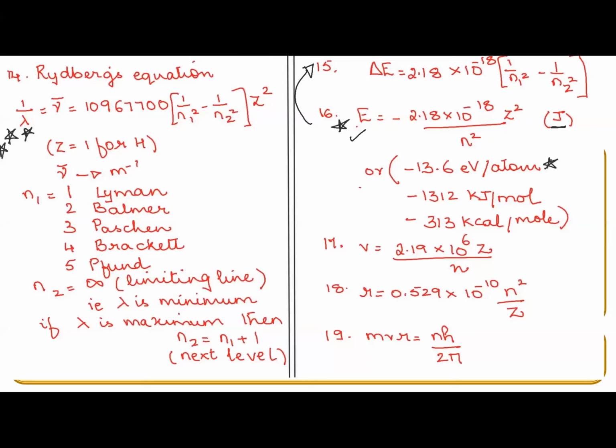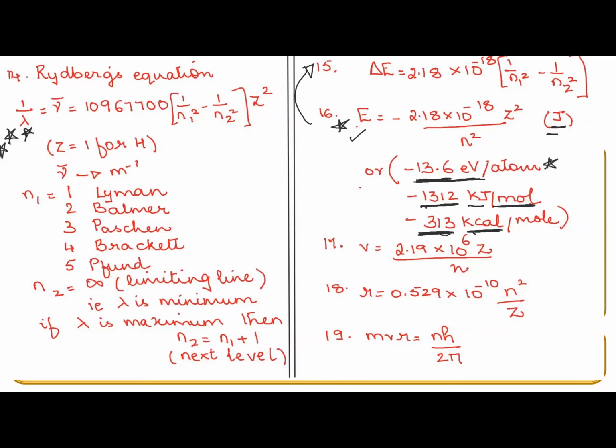Minus 13.6 electron volt. One good thing here is everything is some 13, 13, 13, so maybe it's slightly easier to memorize. Minus 13.6 electron volt, minus 1312 kilojoule per mole. So this was per atom, this is per mole, and minus 313 kilocalorie per mole. So this is in kilocalorie.